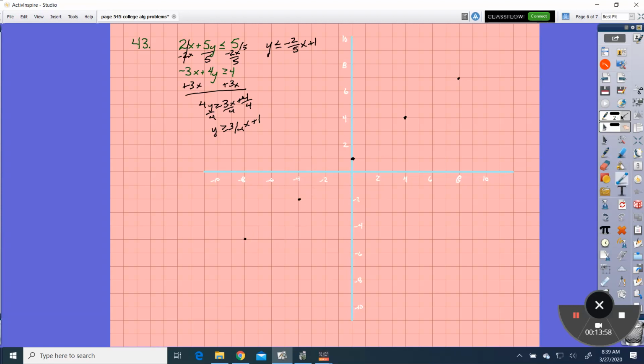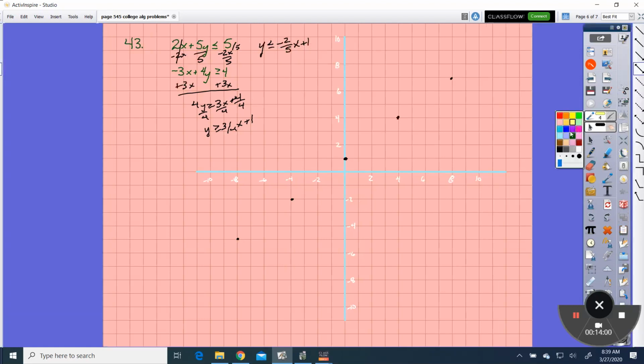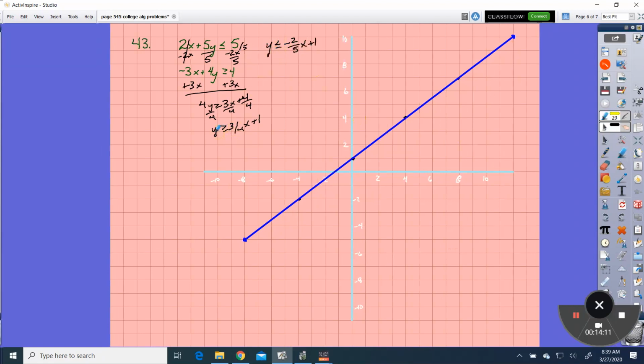So now I can connect those dots. And it's going to be shaded y is greater than this one. So everything that's up here.